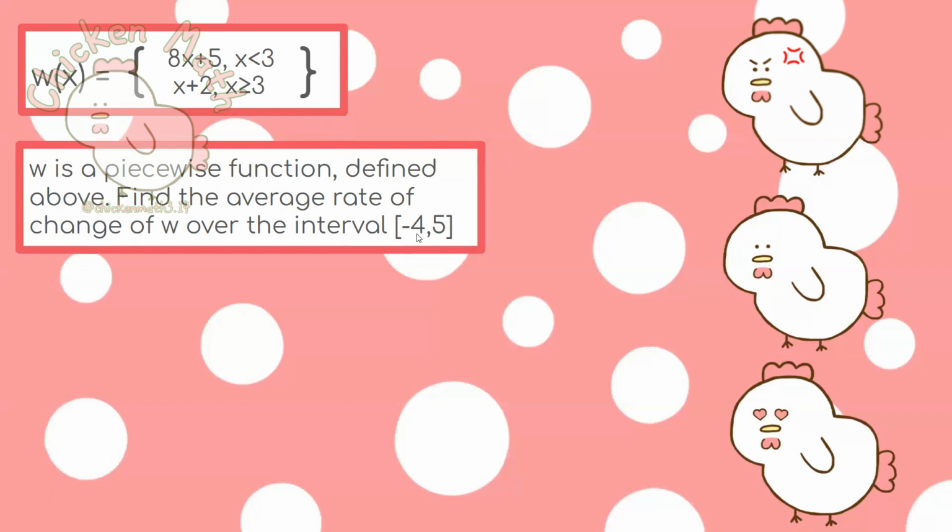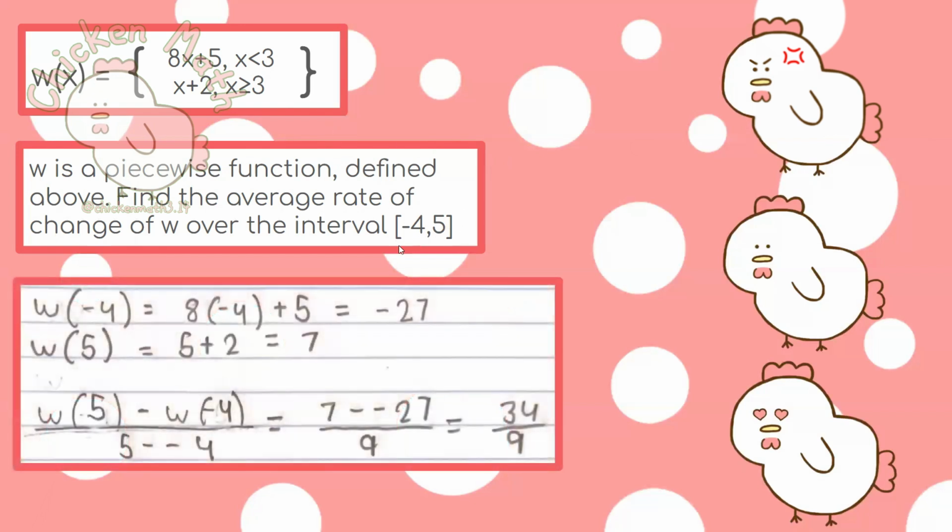Essentially, the way you do this is you plug in each input value of the interval into the corresponding equation. So -4 is less than 3, so you would plug it into this top one, and 5 is greater than 3, so you would plug it into this one.